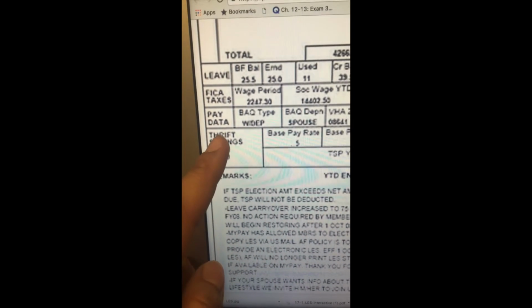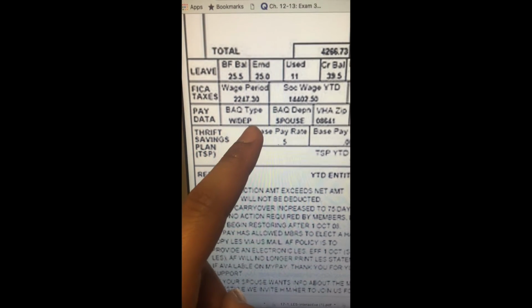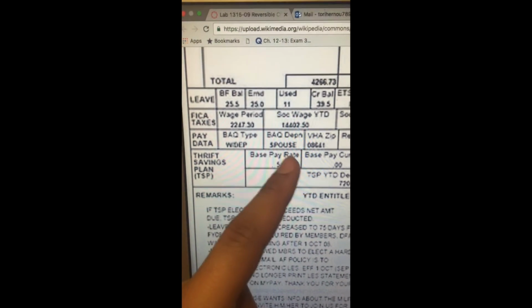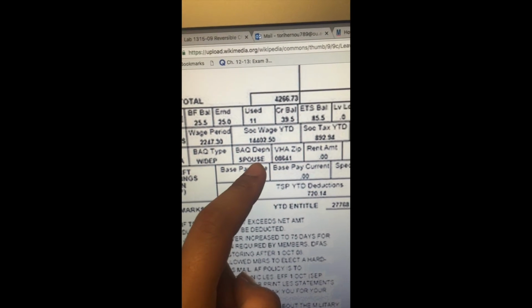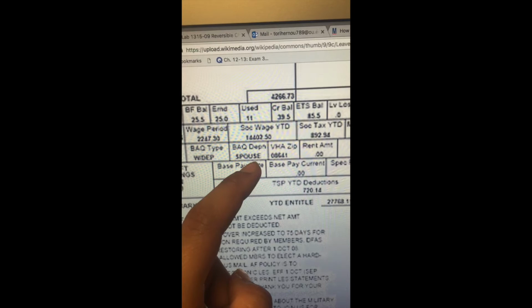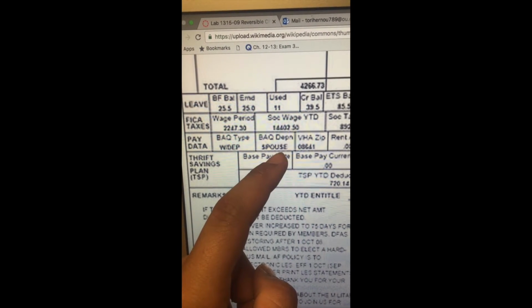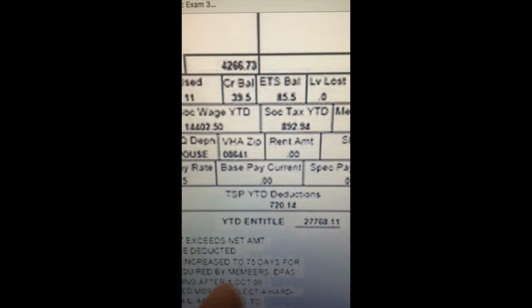Next section we have is the pay data. The BAQ type is the type of basic allowance that's being paid to you. The BAQ dependent is the number of dependents that are on your financial history.